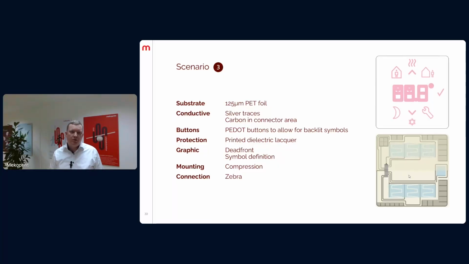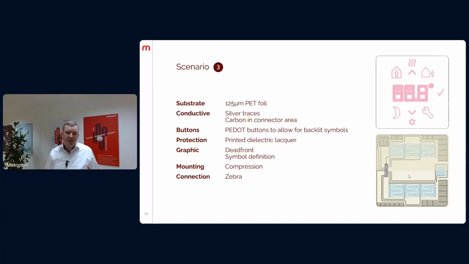So again, using a 125 micron PET foil, printed traces from the connector area to the buttons, printing the button areas with PDOT, and printing carbon in the connector area. And then finally printing a dielectric ink to cover the conductive layers.